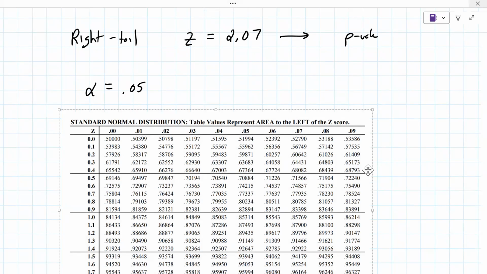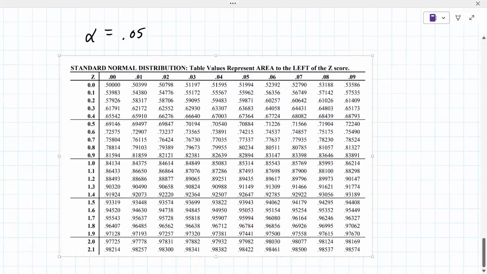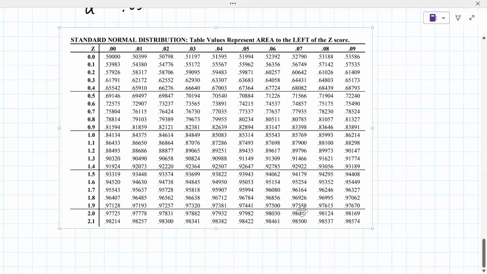I believe it's 0.9808, if I'm looking correctly. Yes, that looks good to me. 0.9808.